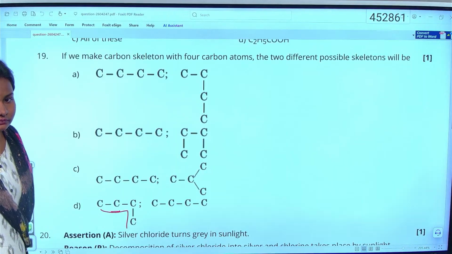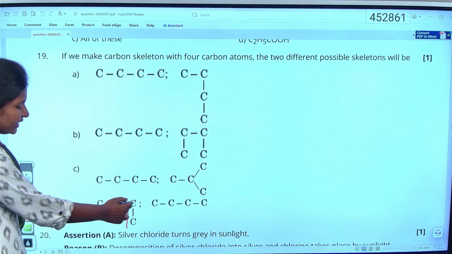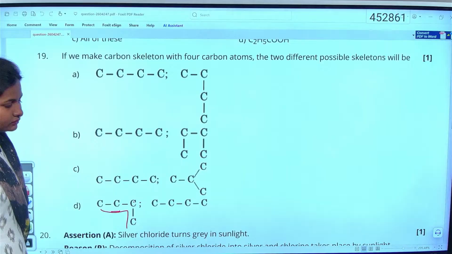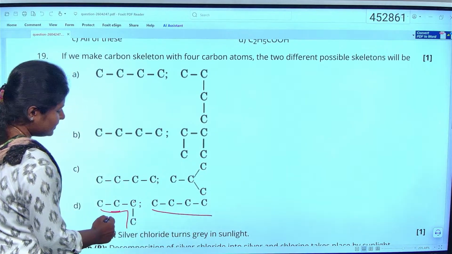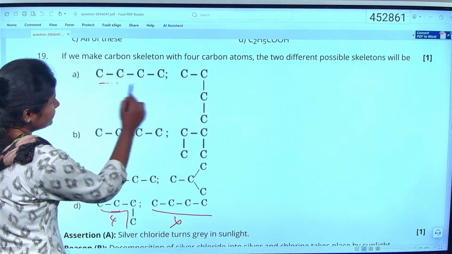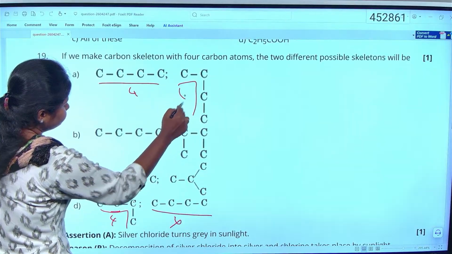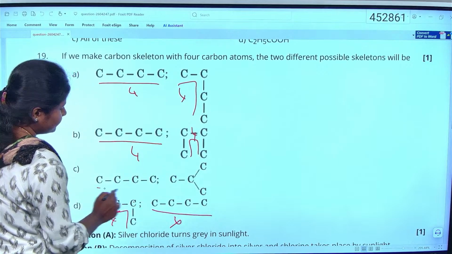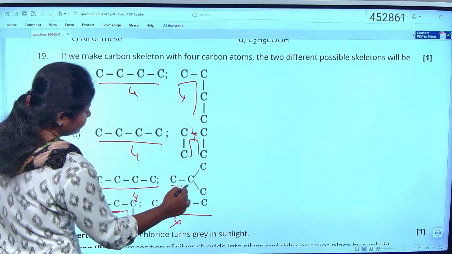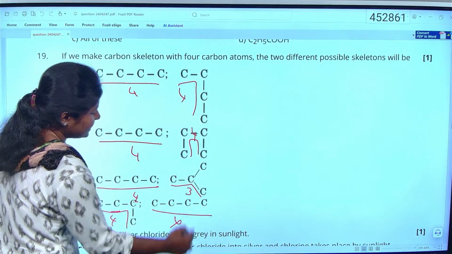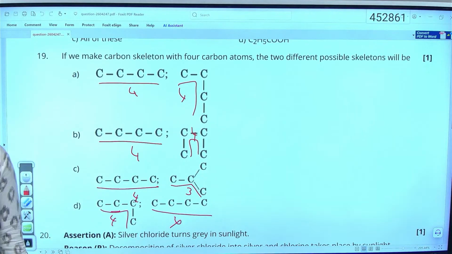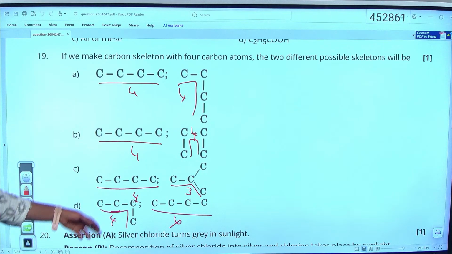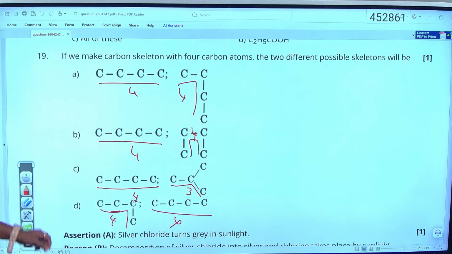Parent chain has 4. This is not the end, it is connected with this carbon also. This is the same, 4 carbon atoms here and 4 carbon atoms here. This is also the same. So if I go like this, it has 3 carbon atoms, one was branched. So the two different possible structures are option C.